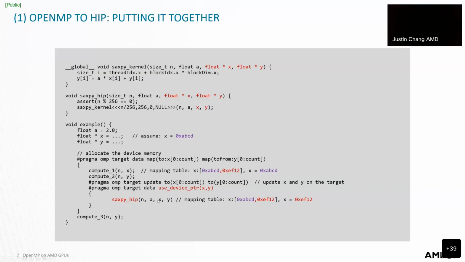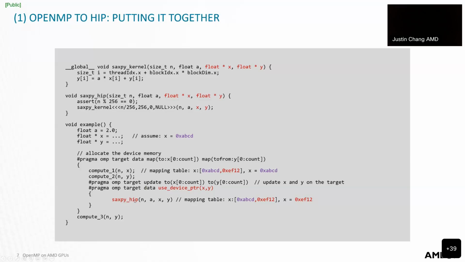And now suppose we want to invoke a HIP API from the OpenMP kernel. We have to use use_device_ptr, which basically says that, now that we know that X has two addresses, one to the host, one to the device, we want to use the associated device address, which is highlighted in red in this underlying function call.